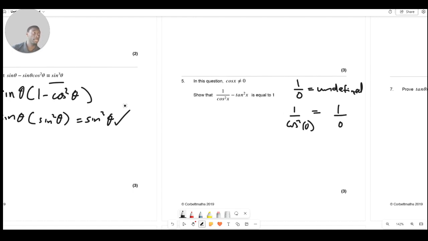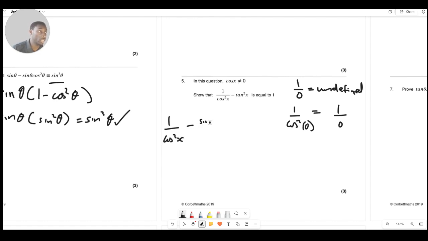It's going to give 1 over 0. So therefore, if this is equal to 1, what I would like to do is to change this tan squared x into a fraction. So I'm going to have 1 minus cos squared x.